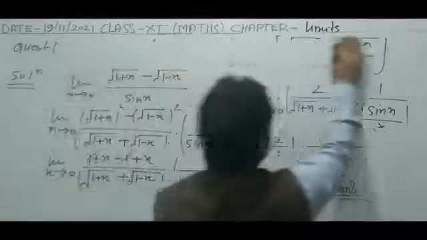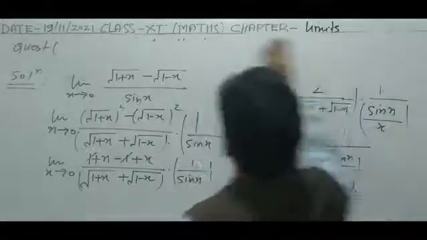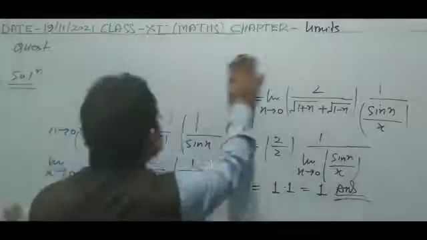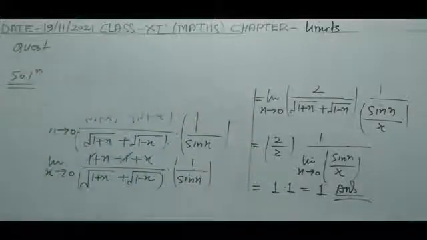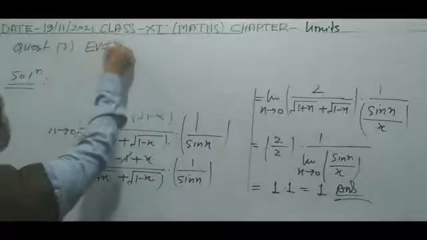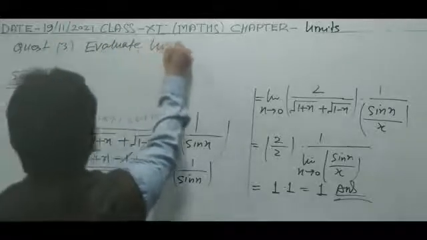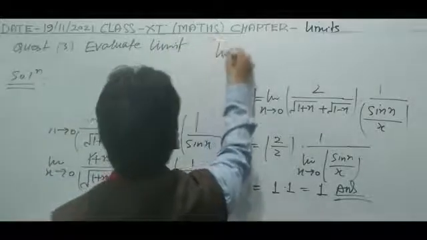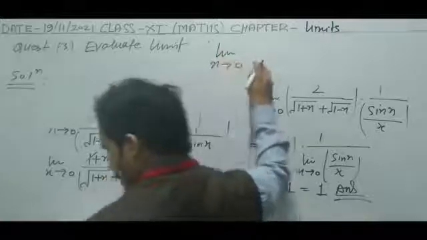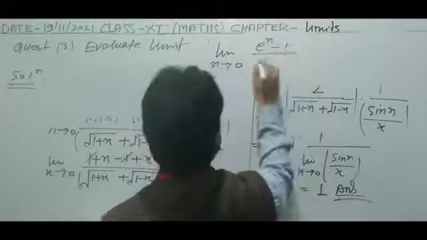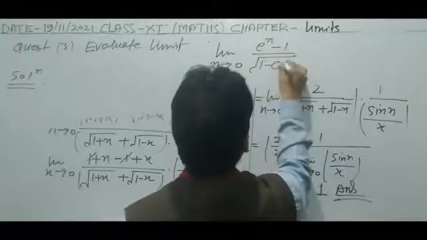Now question number 3 is evaluate limit x tends to 0, e to the power x minus 1 whole upon root over 1 minus cos x.